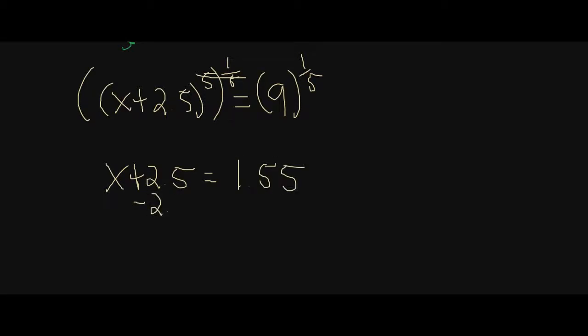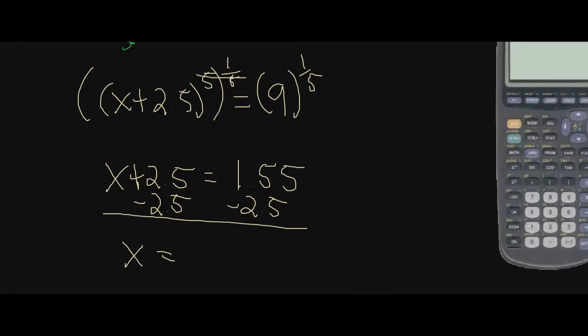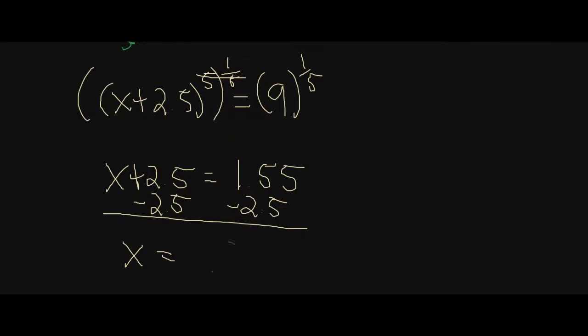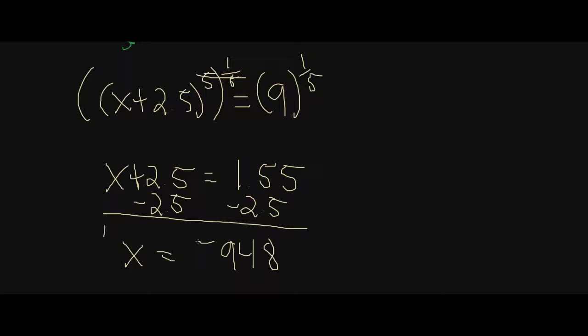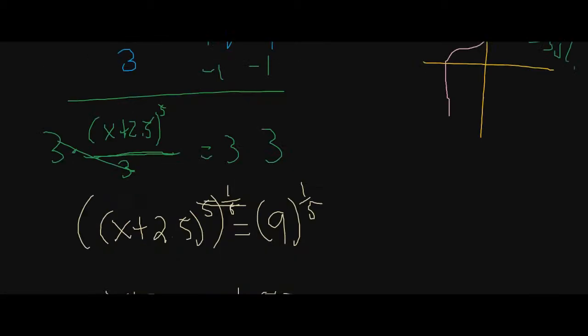We subtract 2.5 from both sides. We're going to get x is equal to 1.55 minus 2.5, and we get negative 0.948. So this is our answer.